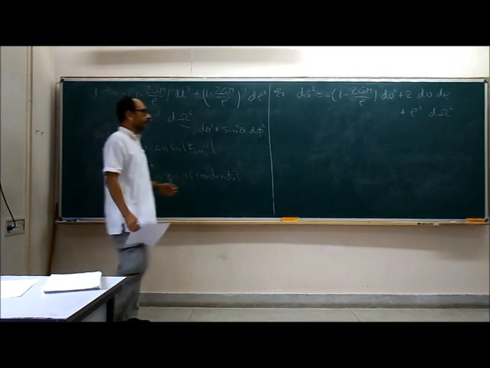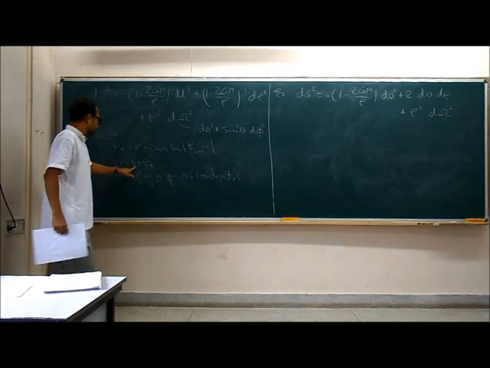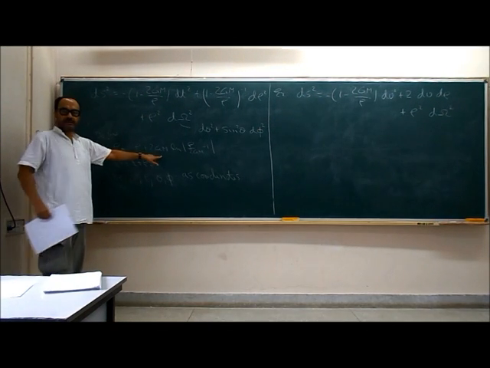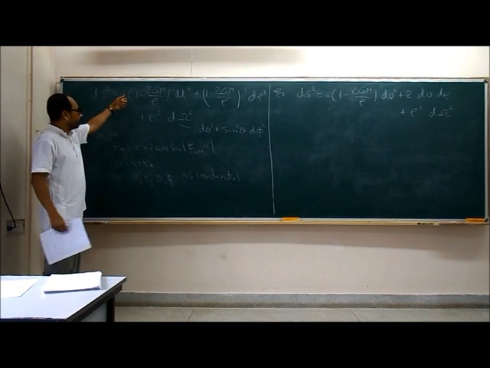What you can do is start from this. Calculate dv: dv is dt plus d rho star, and d rho star you can easily calculate in terms of d rho from here. Substitute there, and you will find this metric.